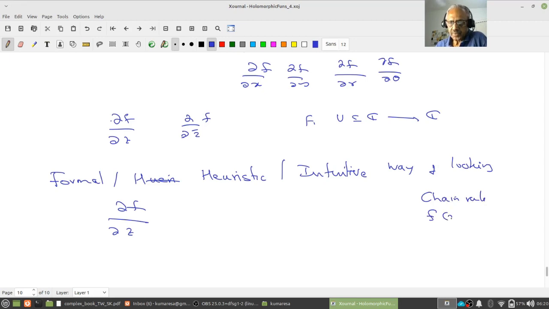Suppose f is a function of two variables x1 and x2, but y1 and y2 are also variables. Then I want to write in terms of y1 and y2. Then how will I write del f by del y1?